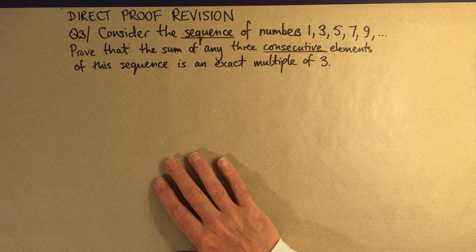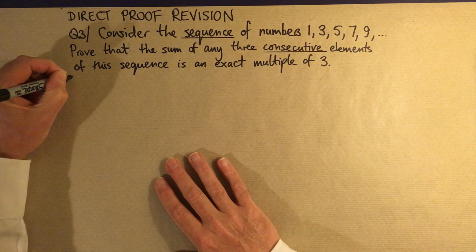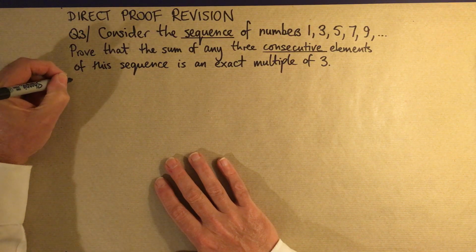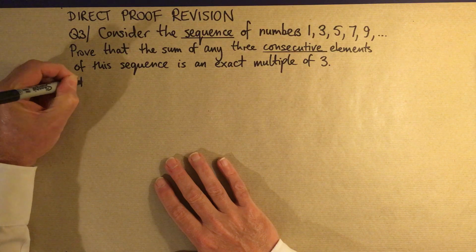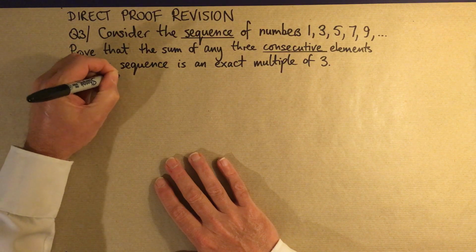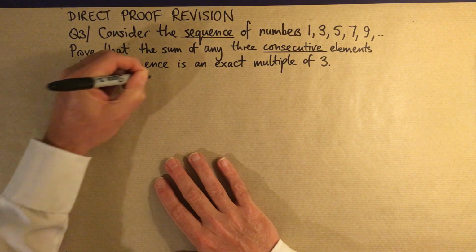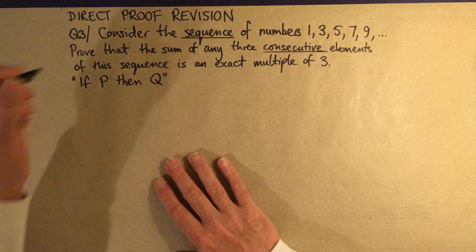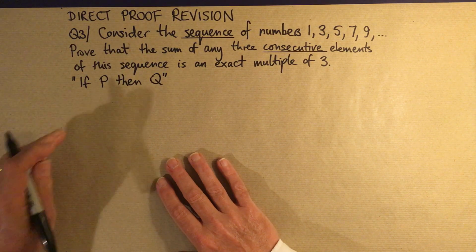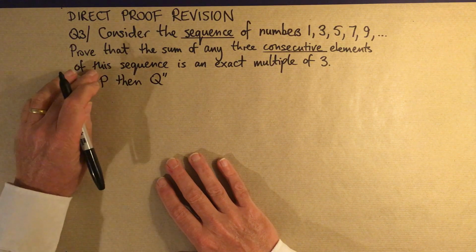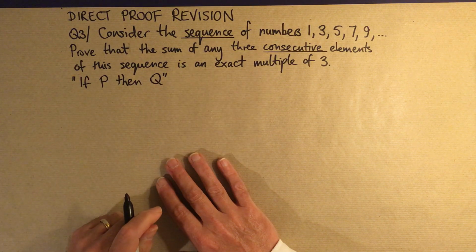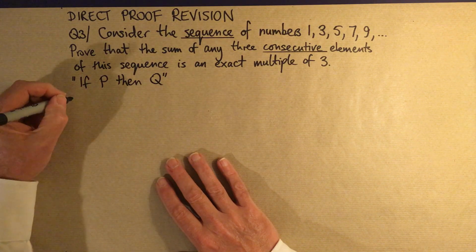So the first thing that we need to do with any proof like this, with any direct proof rather, is we put it into if P then Q form. That helps us to think about the proof. These are the known facts, and this is what we're going to try to prove given these known facts.